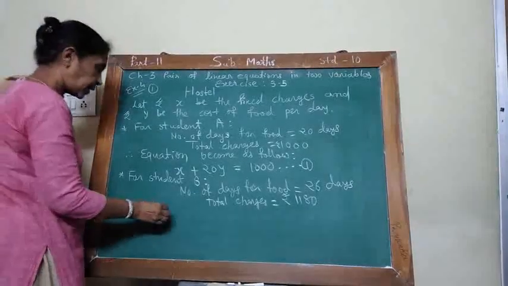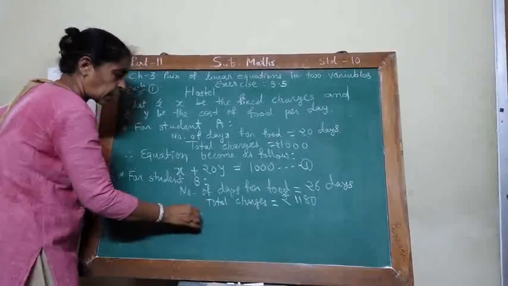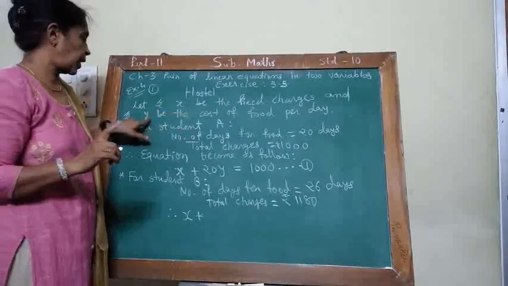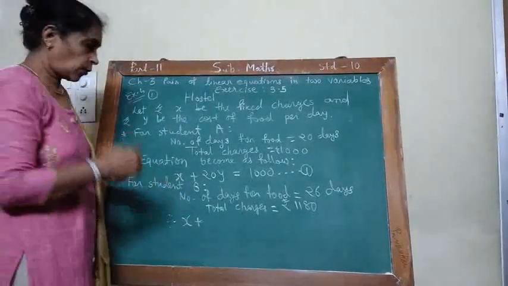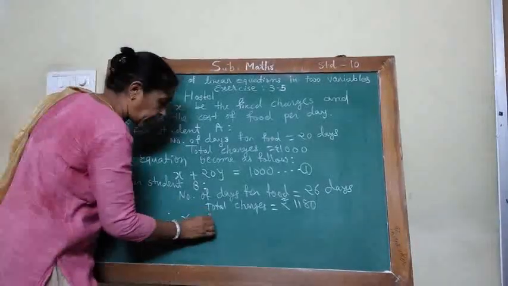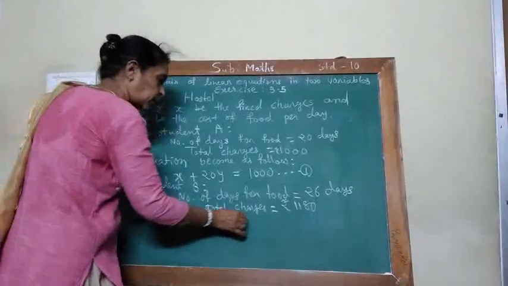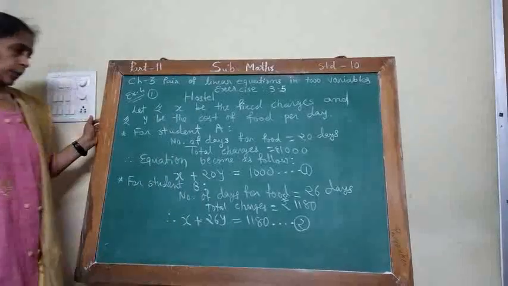So the equation becomes as follows. X is the fixed charge, and for food for 1 day the charge is Y rupees. He has taken food for 26 days, so Y, how many times? 26 times. So 26y is equal to 1180. This is equation number 2.